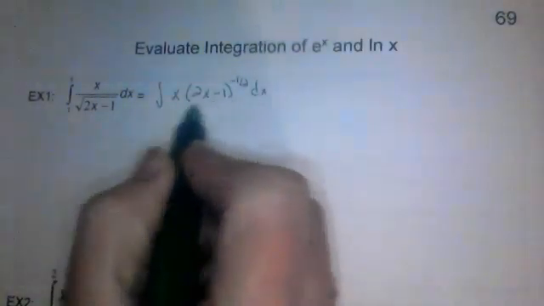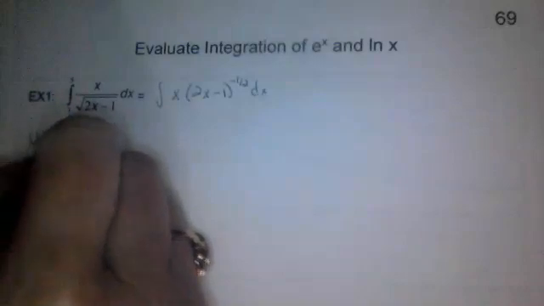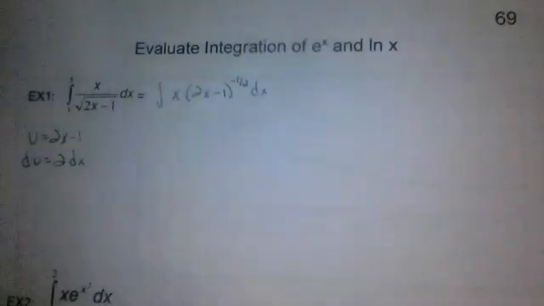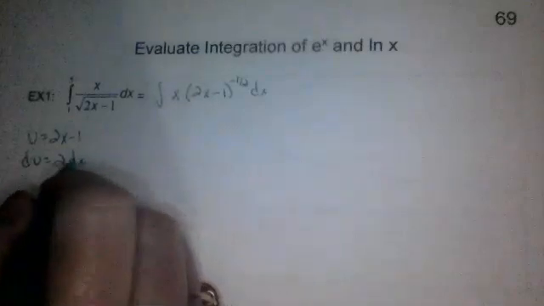So when I rewrite this integral, x times 2x minus 1 to the negative 1/2 power, you can tell that probably the best choice here for u is the 2x minus 1. So du is going to be 2 dx, and I don't have a 2 in here, so I'm going to divide by my 2.